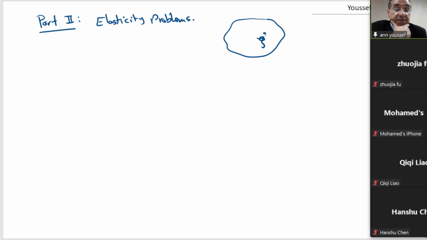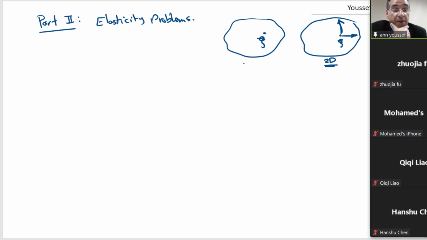But in elasticity problems, inside this point xi we could have a unit load in this direction, and we could have a unit load in this direction if we talk about 2 dimensions. So we have 2 directions for the load.